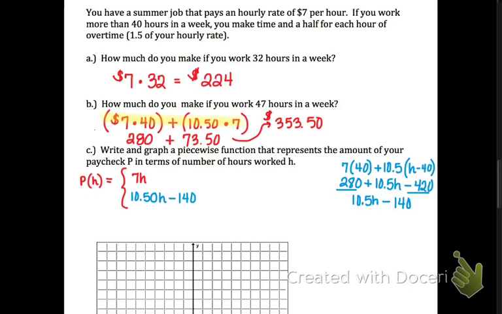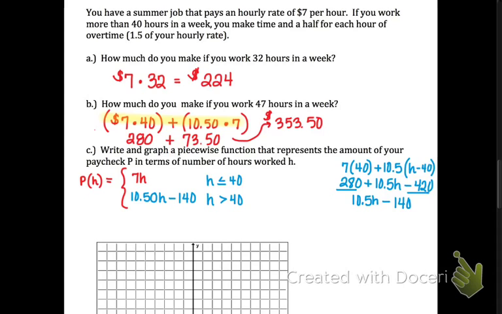Now don't forget, we have our two equations, but we still need to be able to write what those intervals are. If you work 40 hours or less, that's when you make $7 an hour. So that's going to include 40. That would be for H values that are less than or equal to 40 hours. The second one would be for H values that are greater than 40 hours.